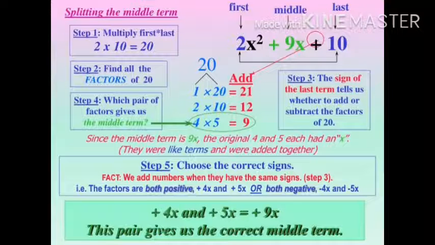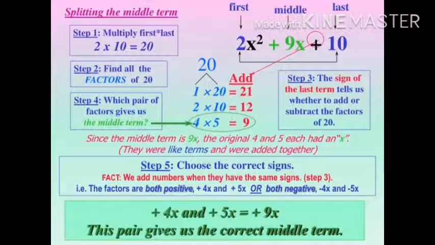The sign of the last term tells us whether to add or subtract the factors of 20. So since the middle term is 9x, the original 4 and 5 each had x. Then they were like terms and were added together. Now choose the sign.